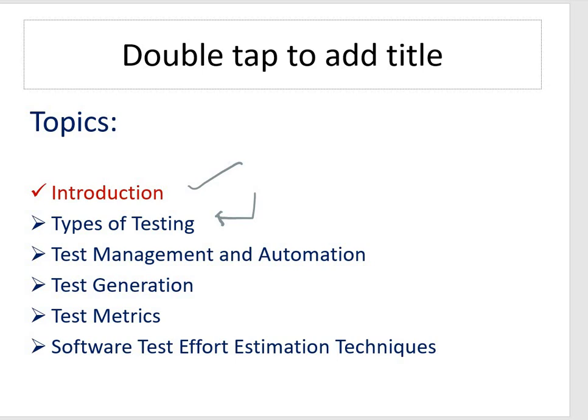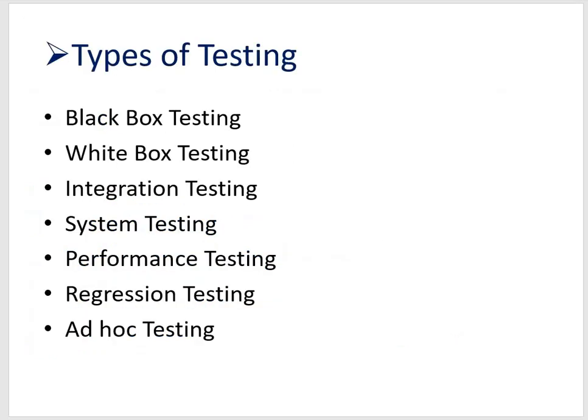And afterwards we look into topics such as test management and automation, generation, metrics, and the software test effort estimation techniques, right? To start with, this is the broader umbrella where we have black box testing and white box testing.